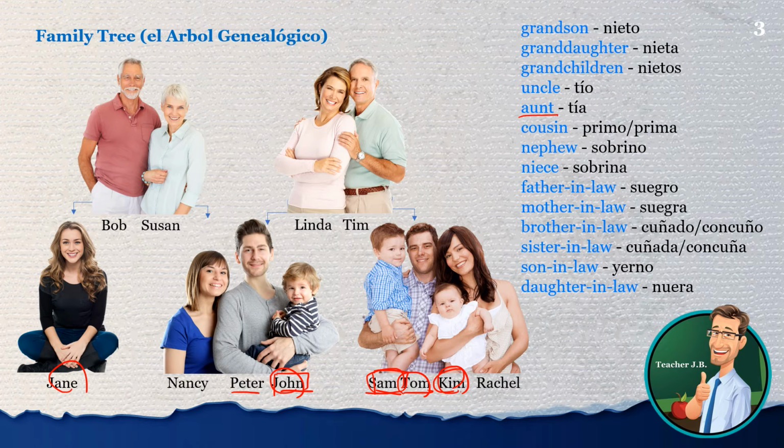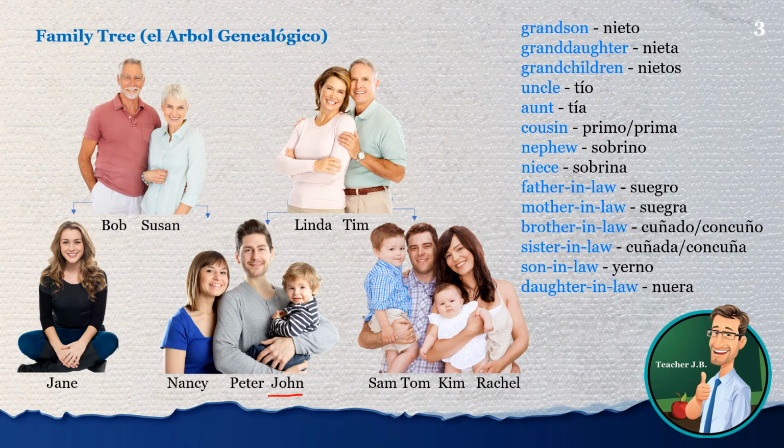Cousin. Here we have three children, John, Sam, and Kim. So, John, Sam, Kim, they're cousins. Okay, John is Sam and Kim's cousin, and Sam and Kim are John's cousins. Cousin.